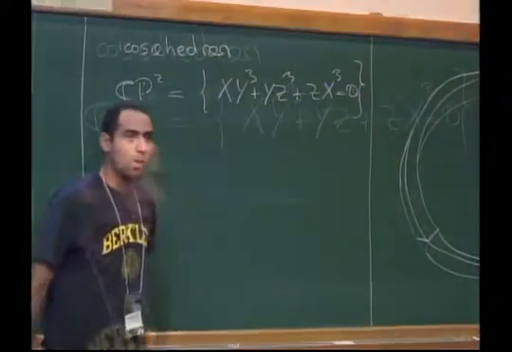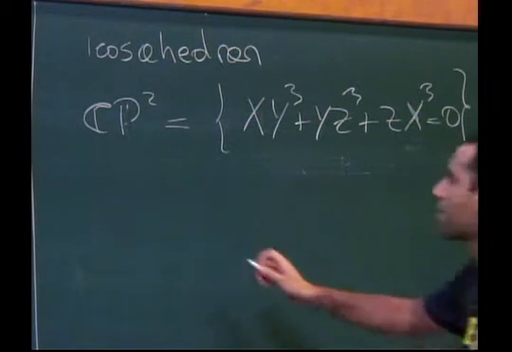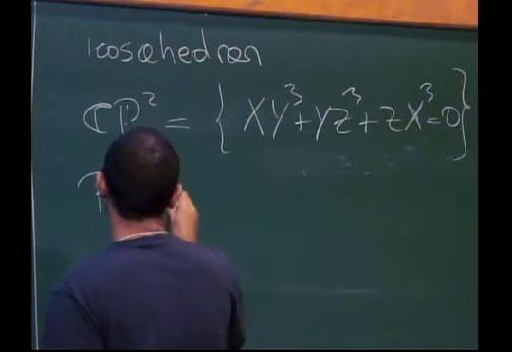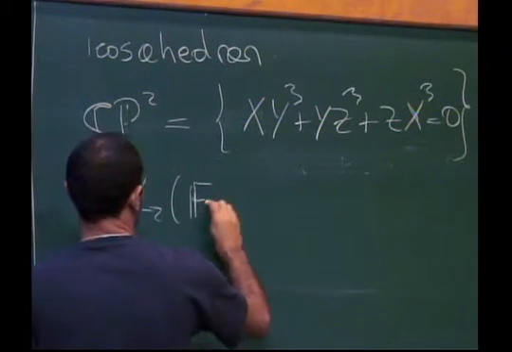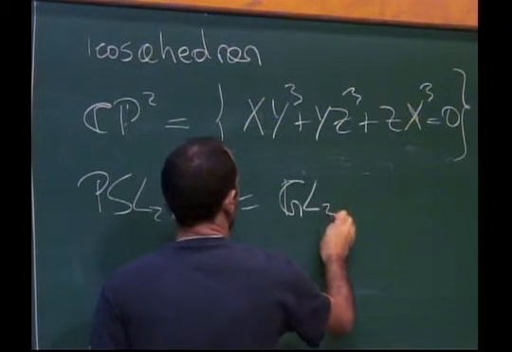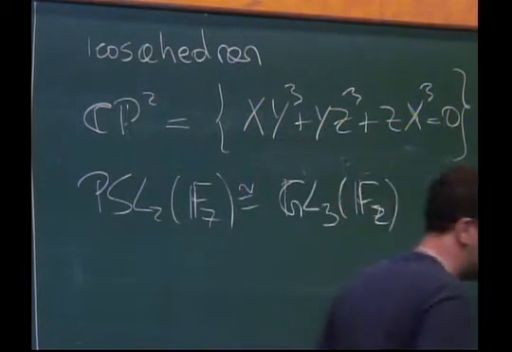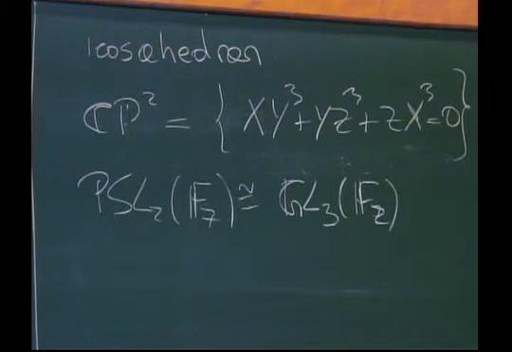This is called the Klein's quartic. And this curve has the group PSL2 over F7, which is a simple group, which is also GL3 over F2. Well, I guess isomorphic, as group of automorphisms.